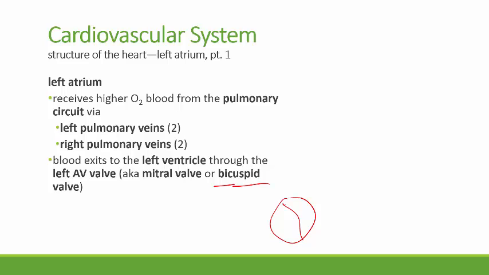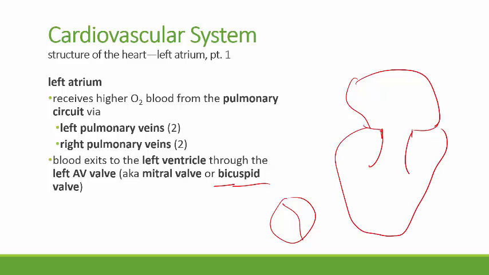And so when the mitral valve prolapses, if this is the atrium, and here's the mitral valve with its 2 flaps, and here is the ventricle, here are the chordae tendineae.